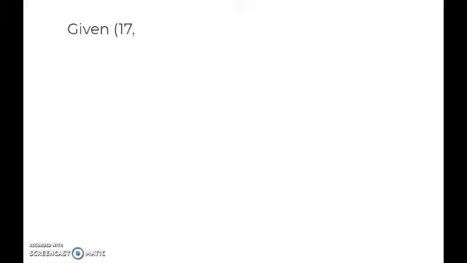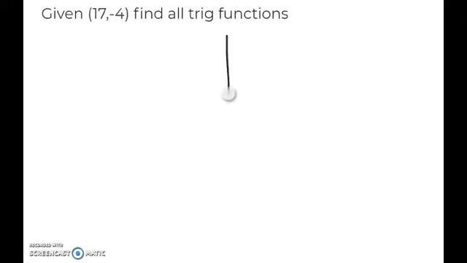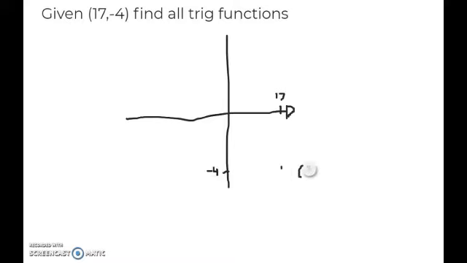Alright, so given the point 17, -4 on the coordinate plane, find all the trig functions. So first you draw your graph or diagram again, and you label the points where they're at, 17 for x and -4 for y, and you draw your line to the terminal side or the origin.